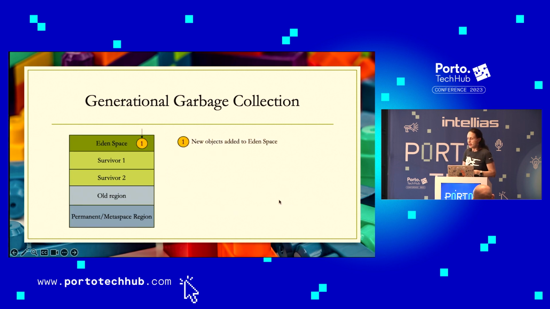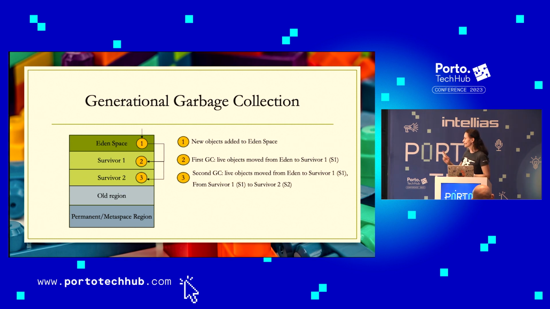So, just to give an example, if new objects are being created by our application, they are added to the Eden space. When the first garbage collection cycle kicks in, these objects are moved from Eden to survivor space 1. At the second garbage collection, when the age would be 2, the live objects are moved from Eden to survivor 1. So of course we're going to have new objects.